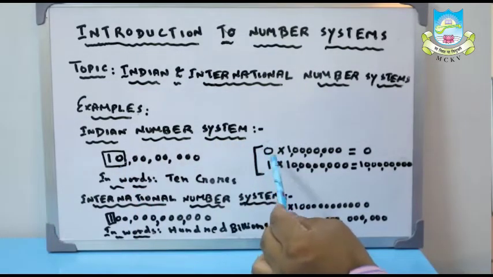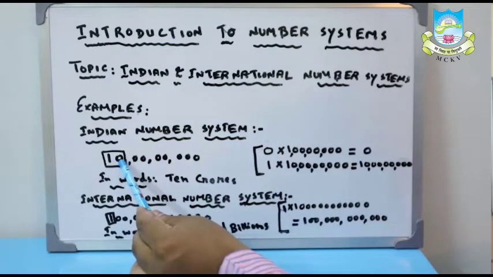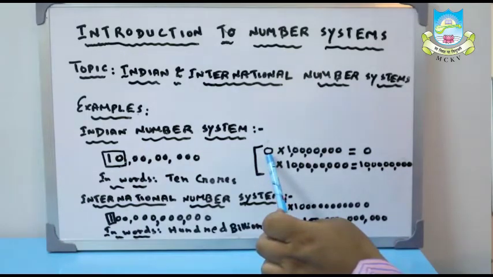So this becomes the face value, meaning whatever digit we find at this position, which is 0. That is to be multiplied with the respective position it occupies in the number.